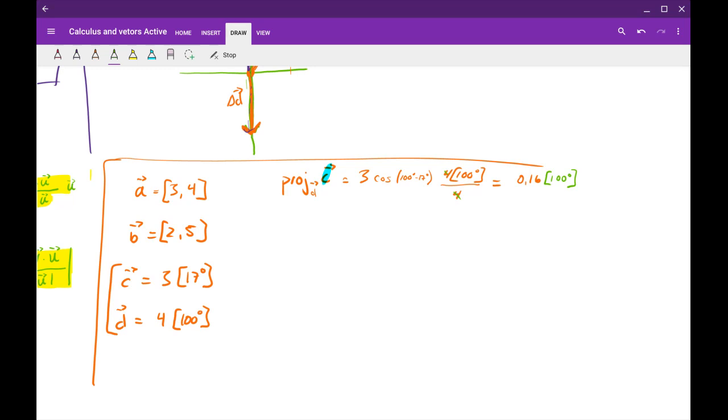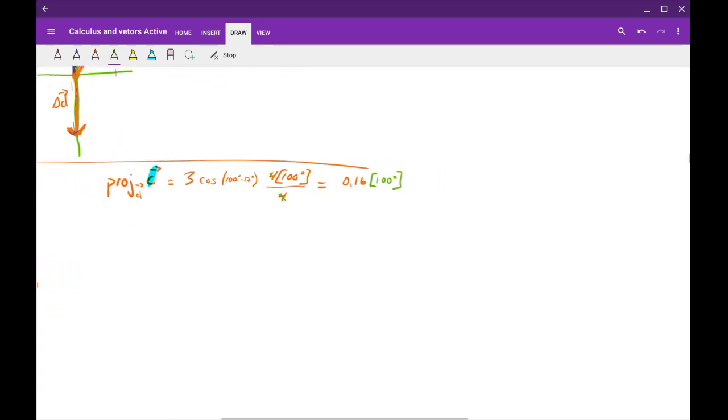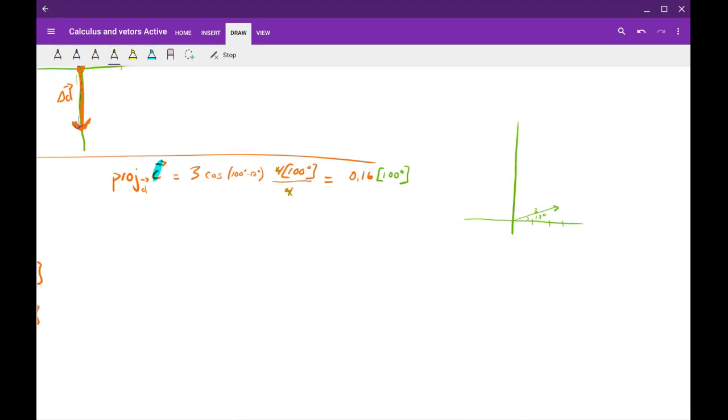And you might be thinking, okay, well, what the heck is that? Let's take a look at that. Let's first draw vector 3 at 17 degrees. So 1, 2, 3. That 17 degrees is like maybe there. All right. This is 3, and this is 17 degrees.